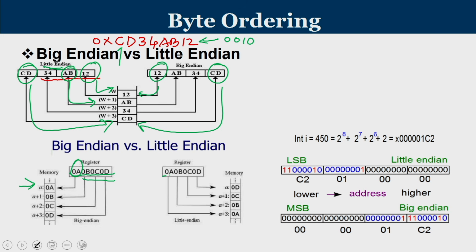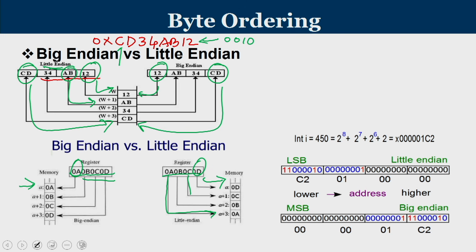If the same number is represented in little endian format, then the least significant byte 0D will get stored inside memory location A, and the next higher address will carry 0C. Similarly, the highest address will carry the most significant byte. That is the basic difference.